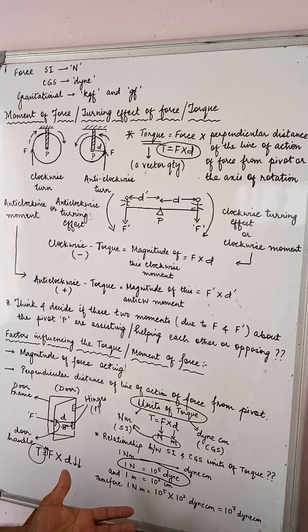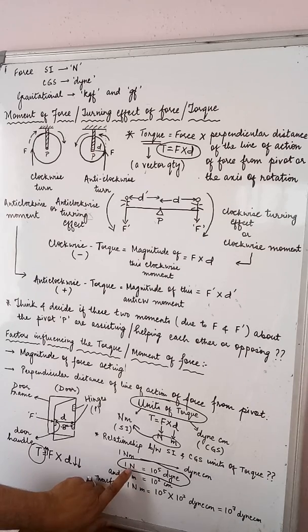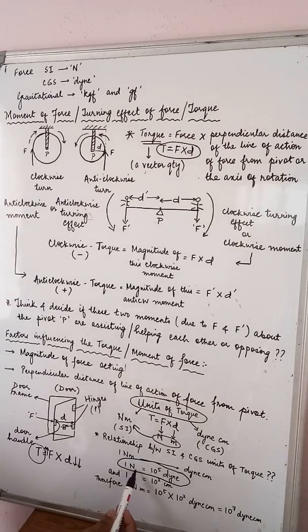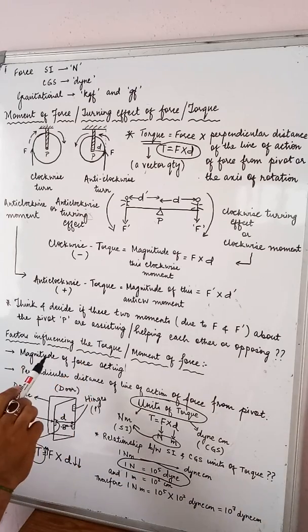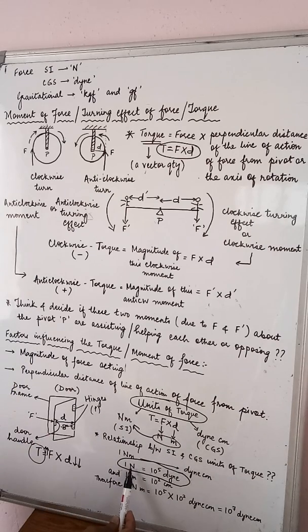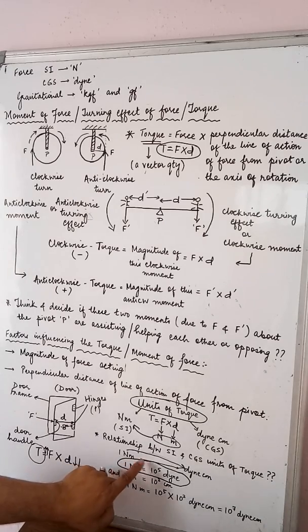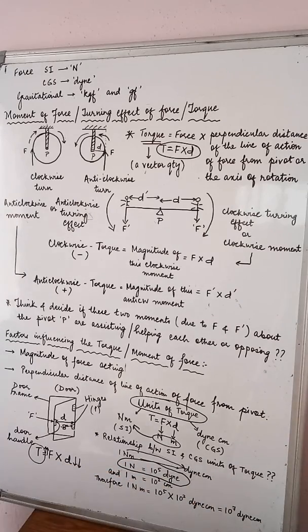Now how does this come about? Once again we'll start from here. 1 Newton is equal to 10 to the power 5 dyne. We had already discussed this in the previous lecture when we were studying force. So I have converted the Newton part into dyne. Now what remains is meter into centimeter. In the next line you will see 1 meter is equal to 10 to the power 2 centimeter.